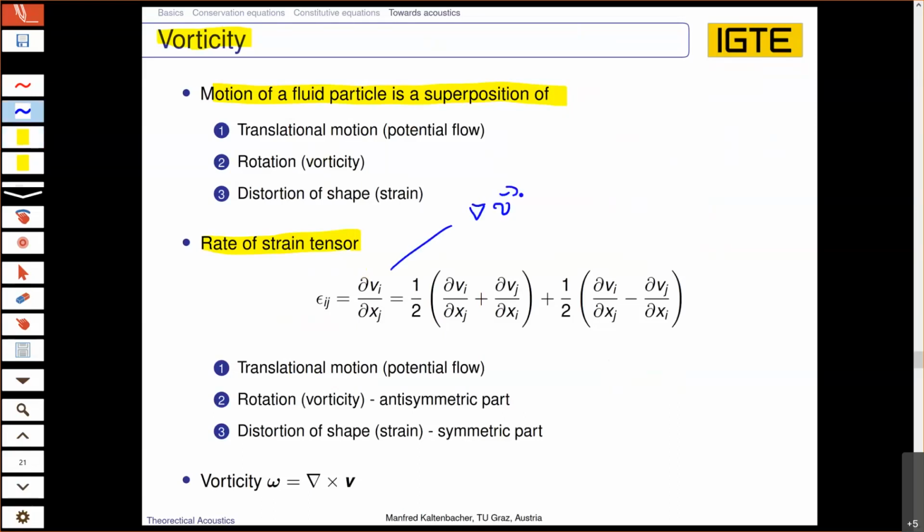And we have already seen that the gradient of a vector gives you a tensor of second order, which is not symmetric. But the important thing is we can decompose it into a symmetric part, and an unsymmetric part.